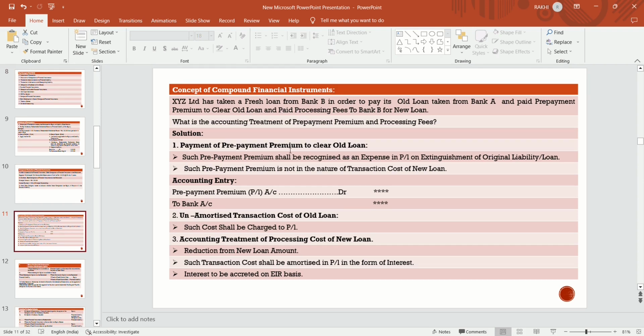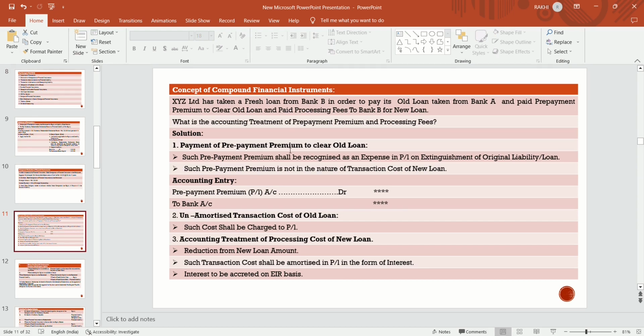So the accounting entry will be: prepayment premium, P&L account debit, to bank. Unamortized transaction cost of the old loan: if the unamortized transaction cost is left, suppose there is a period of 10 years and that transaction cost is to be amortized over the period of 10 years.